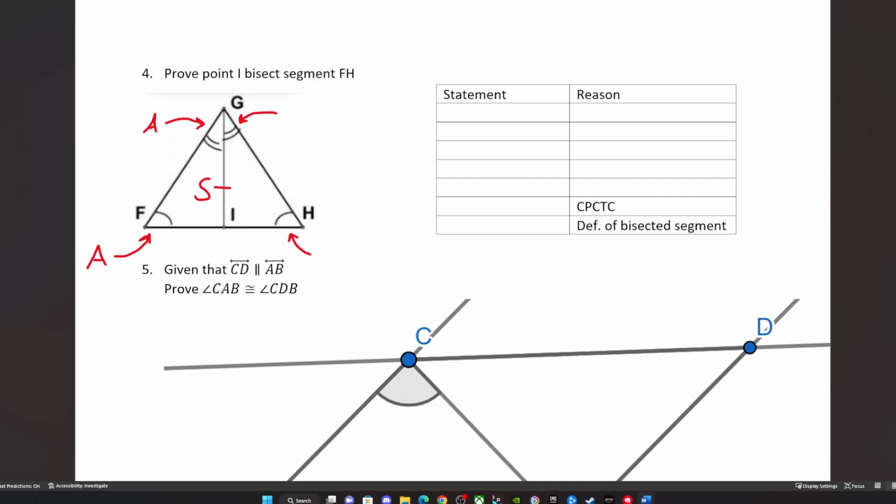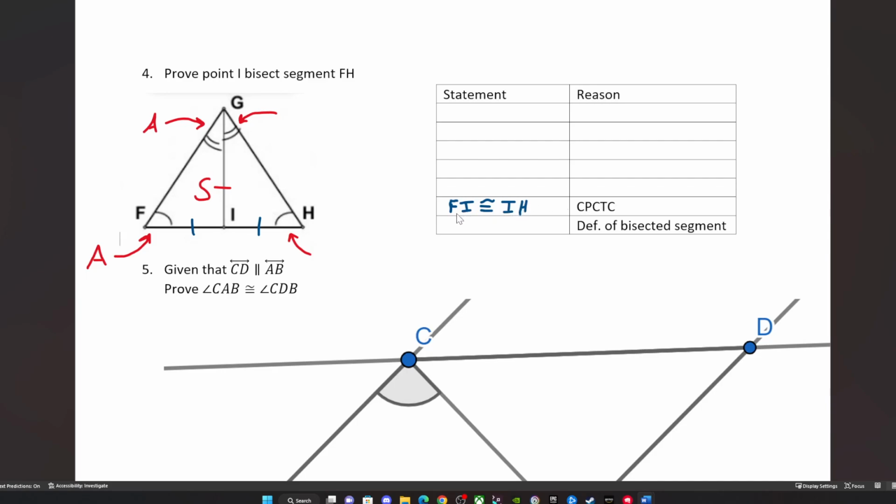Therefore, this side right here in the middle would be congruent to this side right here in the middle. Right, so that would be FI would be congruent to IH. And the reason for that is because those sides are corresponding sides. And we know that corresponding parts of congruent triangles are congruent.